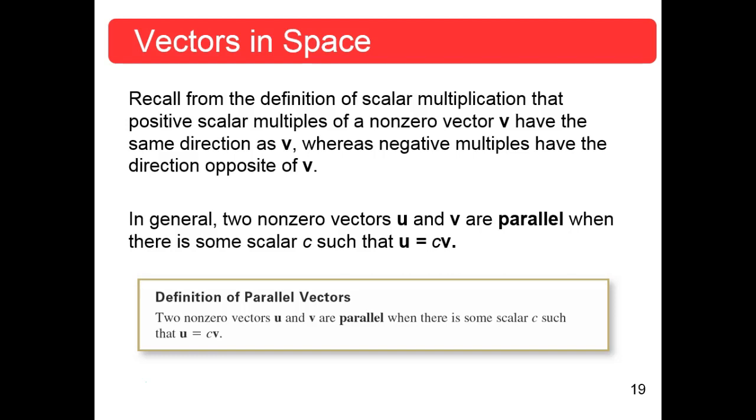So the definition of parallel vectors: two non-zero vectors, U and V, are parallel when there's some scalar C such that U is equal to C times V. Any scalar that would work, okay?